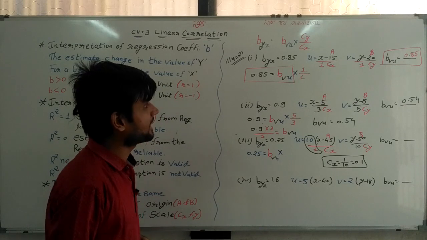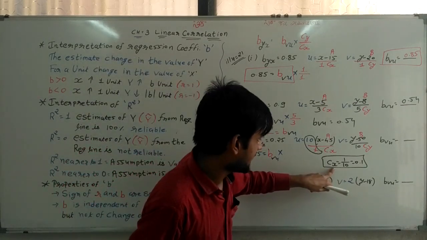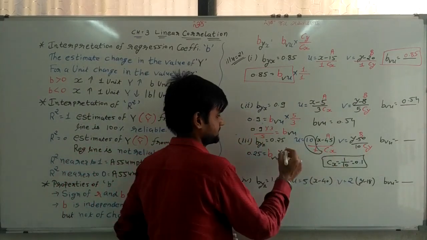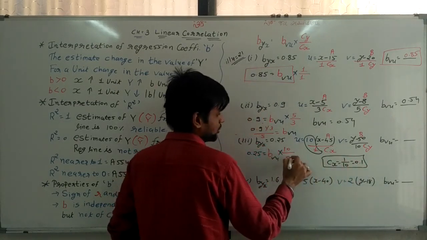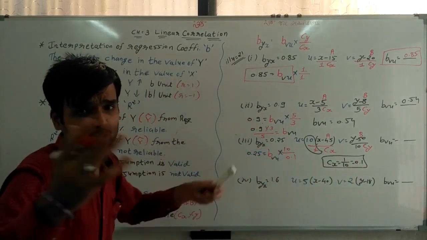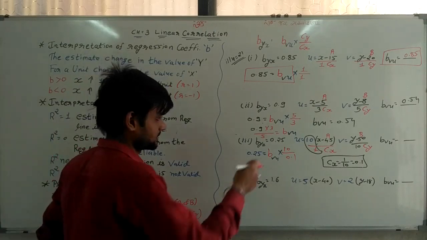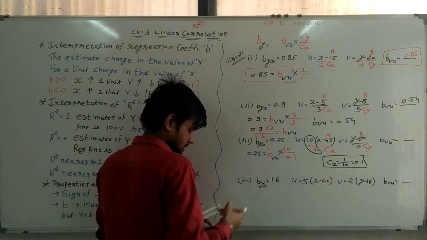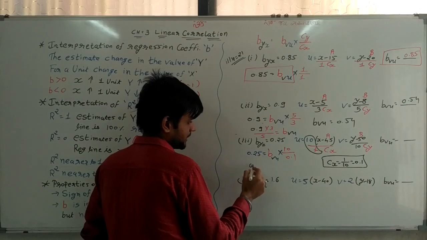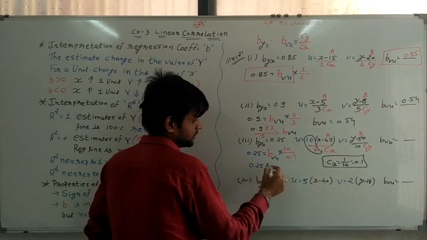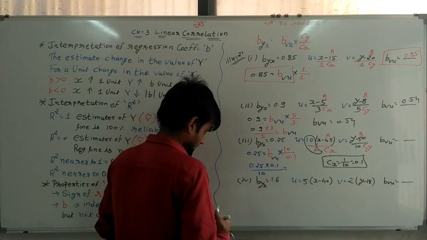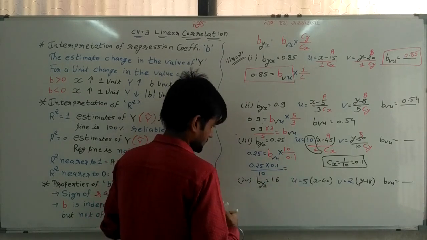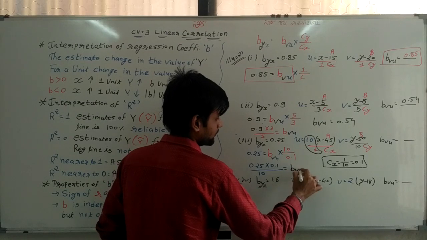Sir, multiplication CY CX. Here CY is equal to 10, CX is equal to 0.1. Now change the side. 0.25 into 0.1 divided by 10 is equal to BVU.